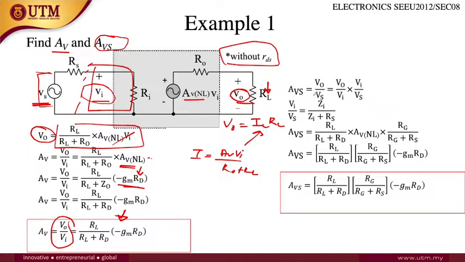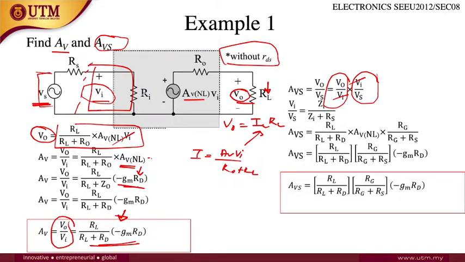So VO over VS is also equal to VO over VI times VI over VS. When you cancel both, you get this. VO over VI you don't have to calculate again, because you can use this value. What you need to calculate is only VI over VS.